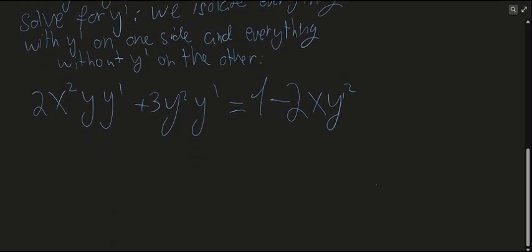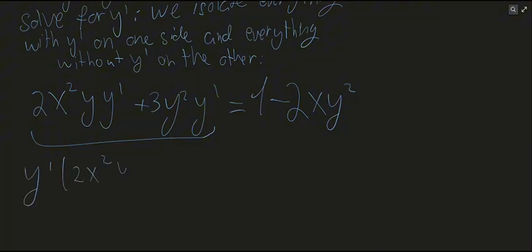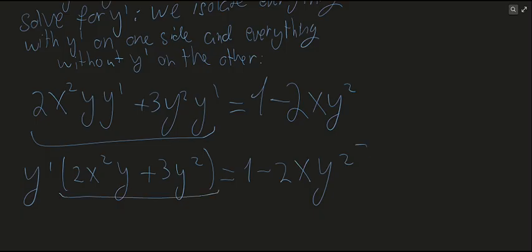And if we actually look at that, we're almost done. Now comes the fun part. Take the left. It's always going to be this ultimate step. Always factor out the y prime. y prime times (2x squared y plus 3y squared) is equal to 1 minus 2xy squared. All you got to do is take this coefficient that's adulterating the y prime and divide by it. So divide by 2x squared y plus 3y squared.